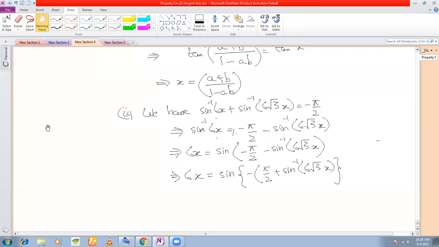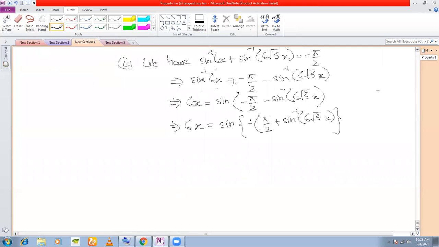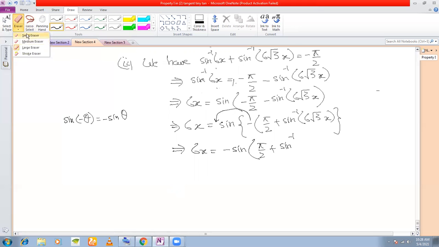And you know sine of minus theta is minus sine theta. So now this minus I can take out here, because you know sine of minus theta is minus sine theta, right? So 6x is equal to minus sine of pi by 2 plus sine inverse, let me give a curly bracket here.